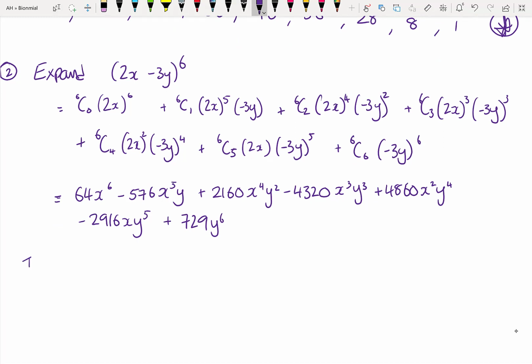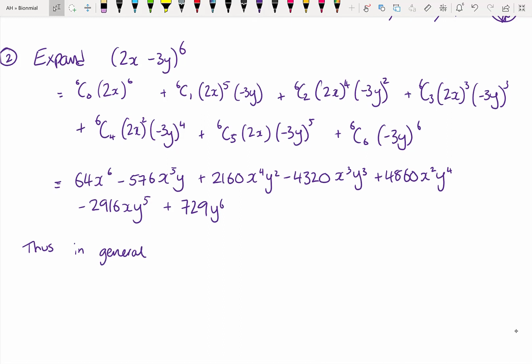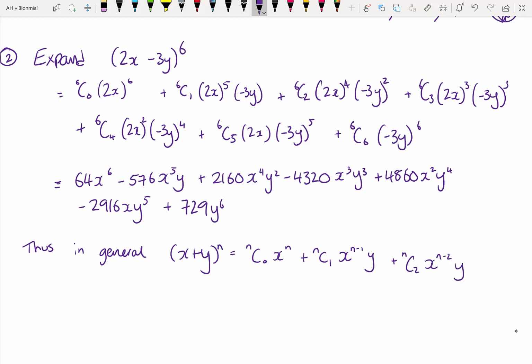Okay, and so yes, in general, if we've got (x plus y) to the nth power, then that is equal to n choose 0 x to the n, plus n choose 1 x to the n minus 1 y, plus n choose 2 x to the n minus 2 y squared, and so on.